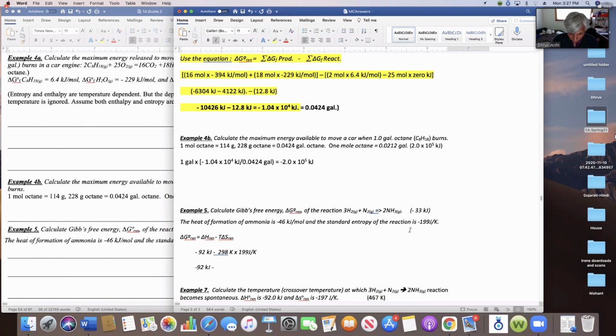Oh, standard entropy is negative 199. So it's going to be plus 298 multiplied by 199. Convert that into kilojoules. I have 59.3.